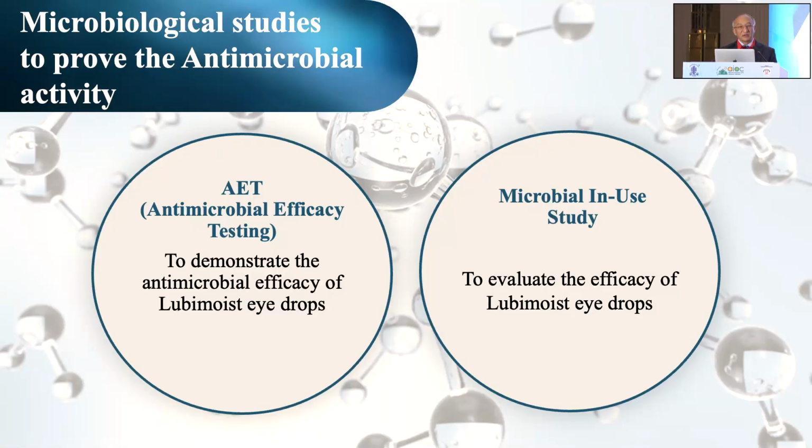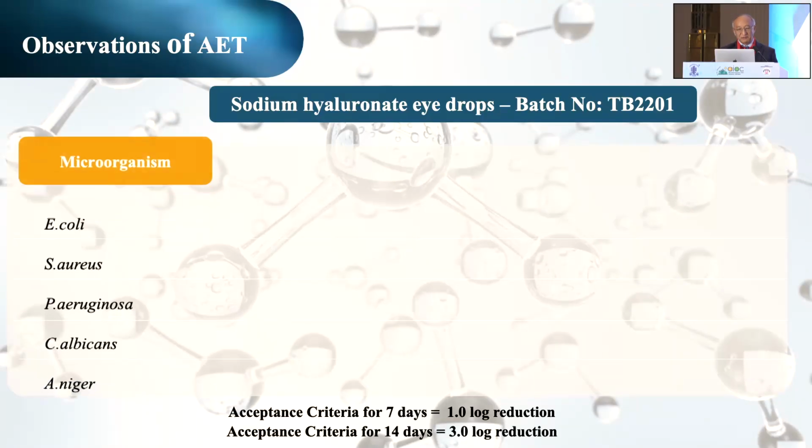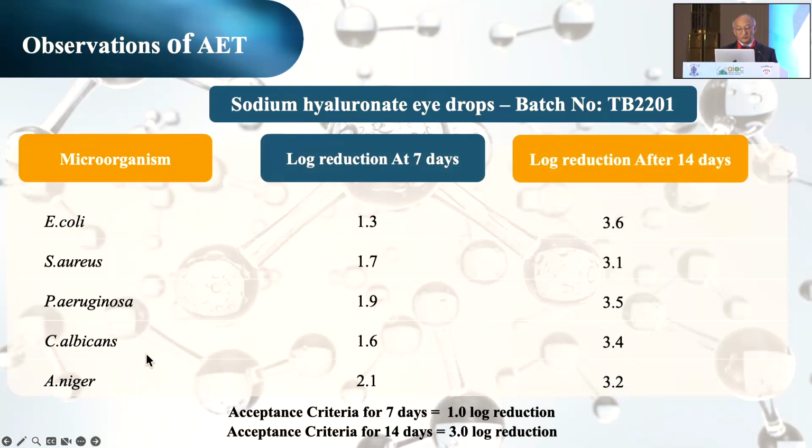So anything which comes in the market, you have to put through serious, rigorous testing of antimicrobial activity. So they looked into these areas to see if this device can be effective here. You can see the acceptance criteria is a 1 log reduction at 7 days and 0.3 log at 14 days.